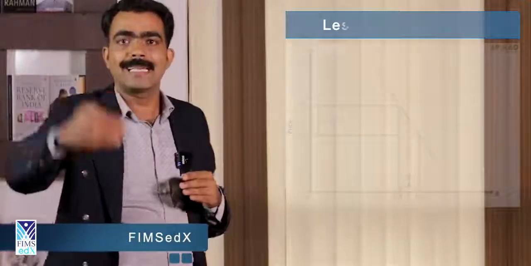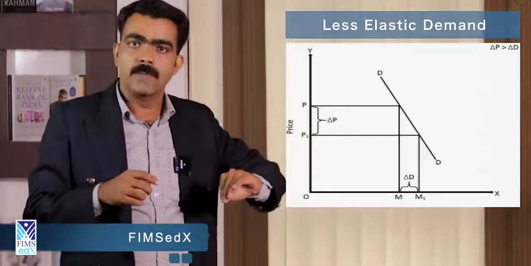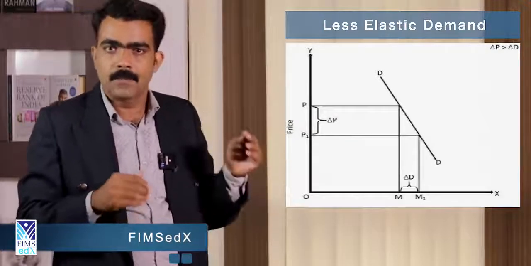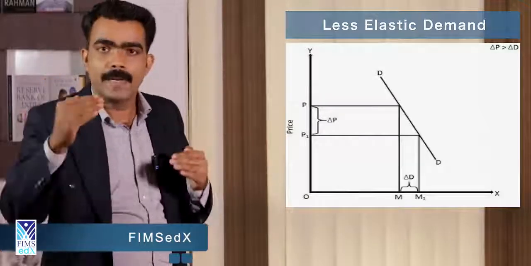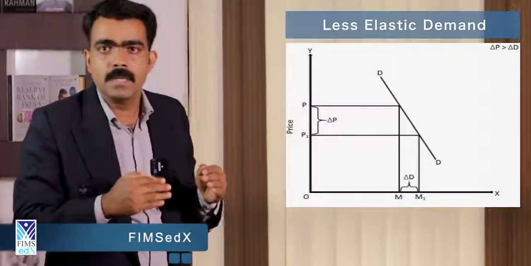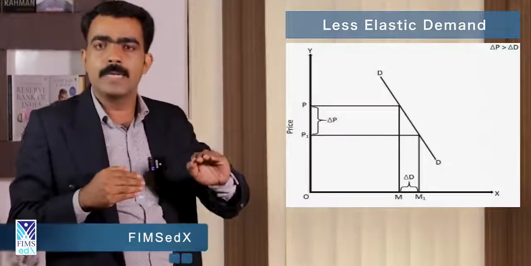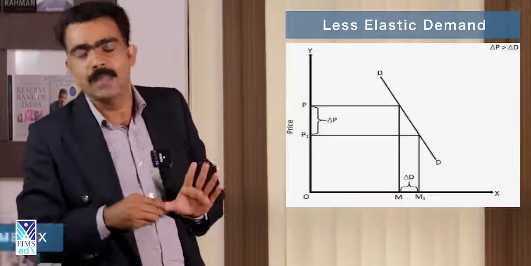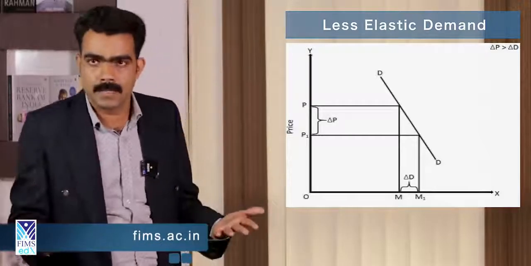Last but not least, the fifth category is relatively less elastic demand. Just the opposite of more elasticity, where we give huge price offers but do not get adequate sales, which means a comparatively big change in the price level leads to only a small deviation in the demand pattern. This can happen in different markets for different reasons.